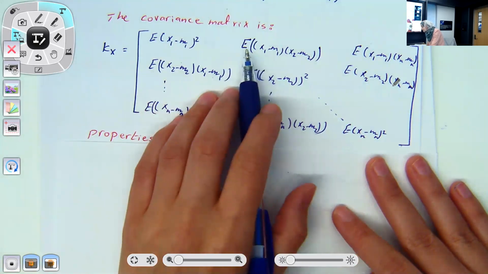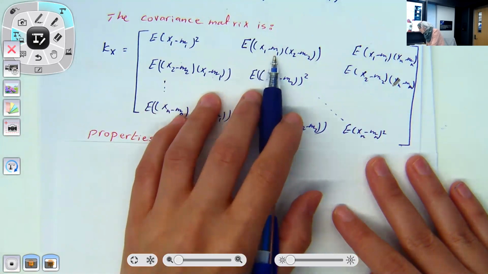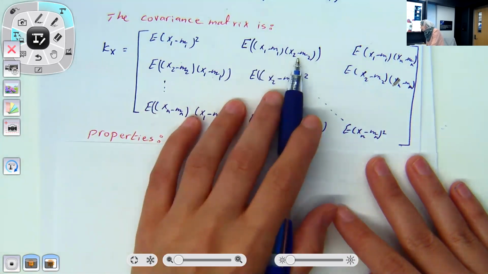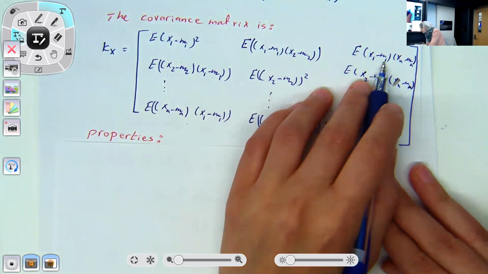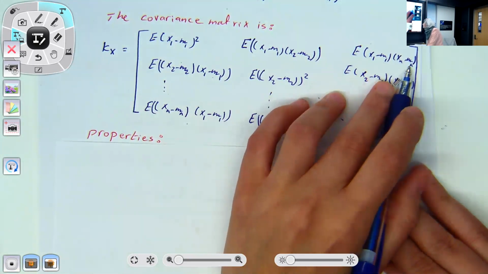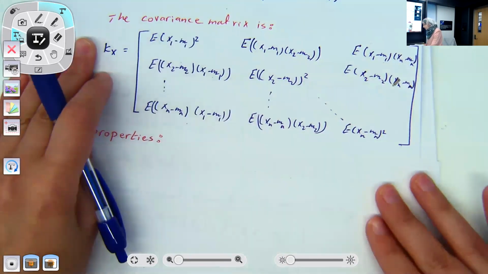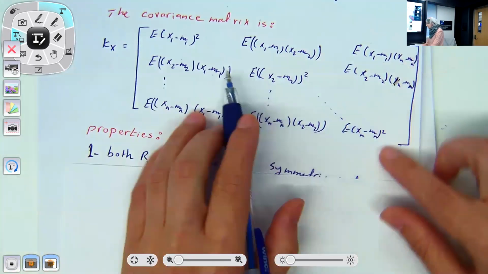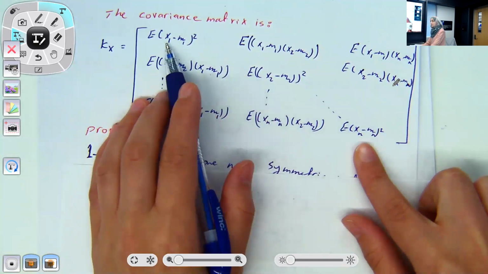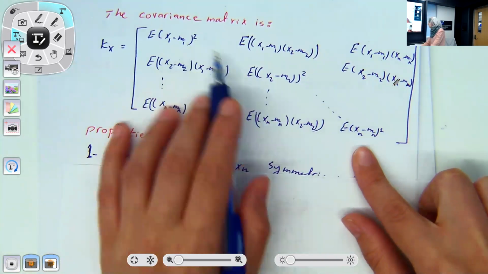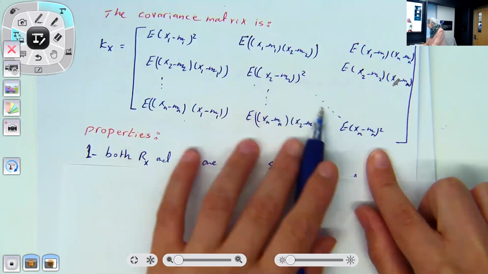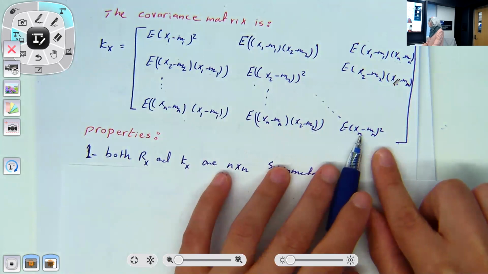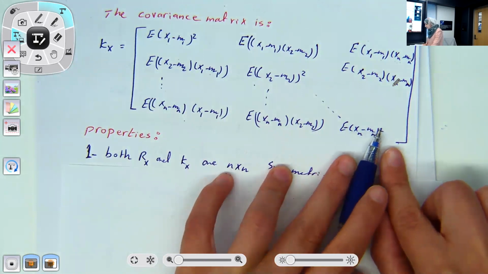Here we have the expected value of (x1 minus mu1) multiplied by (x2 minus mu2), up to the expected value of (x1 minus mu1) multiplied by (xn minus mun). In the diagonal, we have the expected value of (x1 minus mu1) squared, the expected value of (x2 minus mu2) squared, up to the expected value of (xn minus mun) squared.